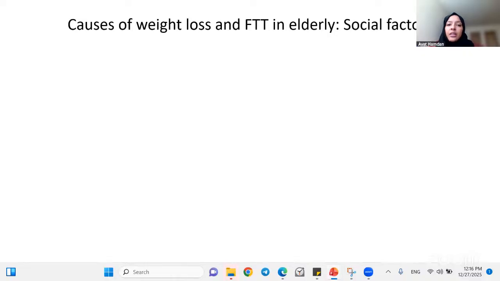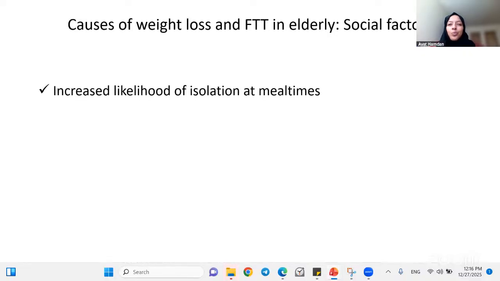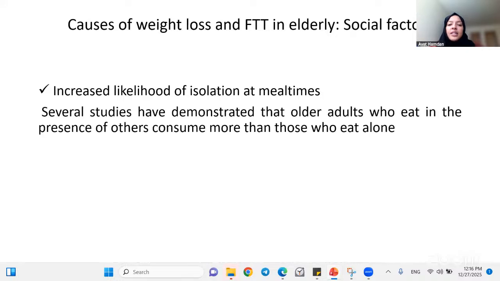The first one, which is mainly the studied one: for older adults in the US, there's an increased likelihood of isolation at mealtimes. Several studies demonstrated that if older adults eat in the presence of others, they consume more than eating alone. So if he's isolating himself and not sharing his meals with anyone, this is one of the factors that can lead him to eat less.